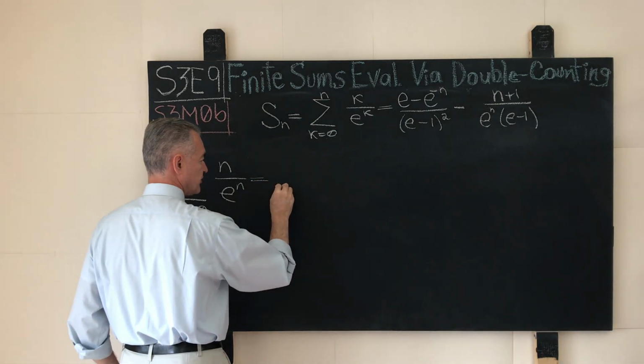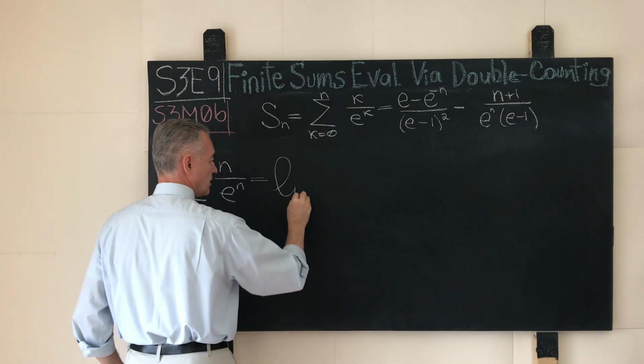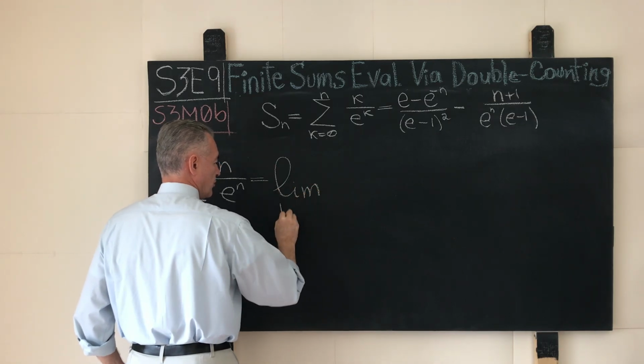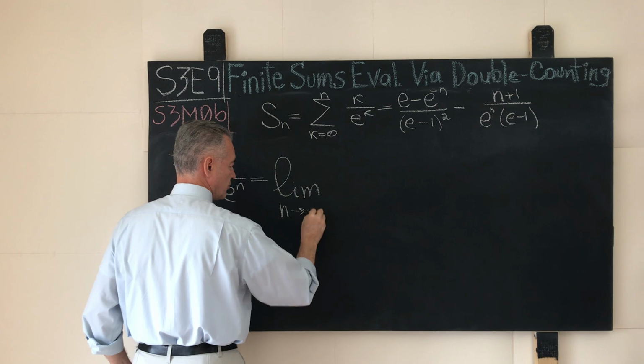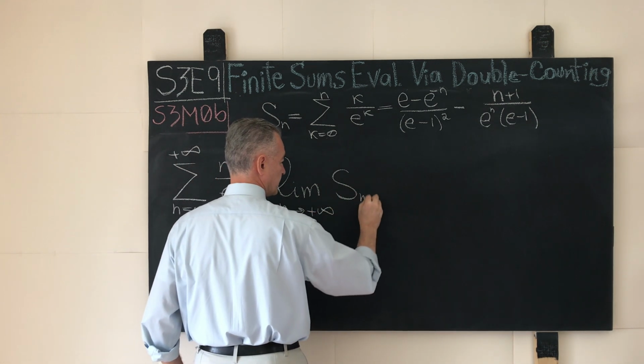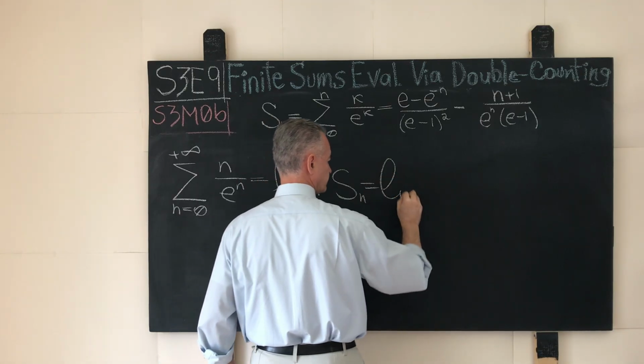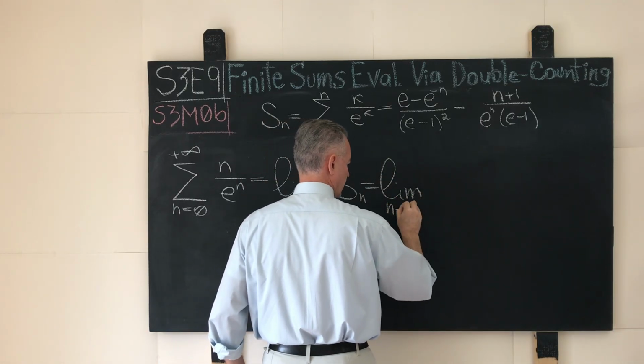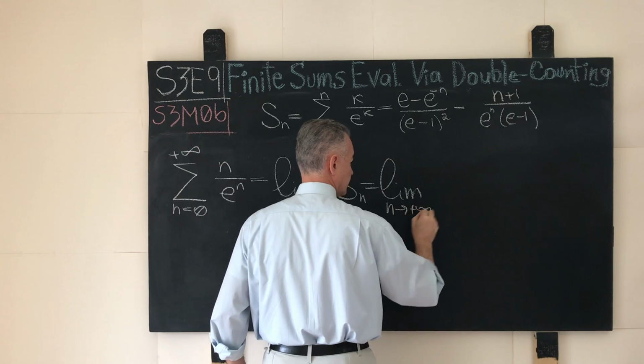By definition. This is not the only way, but the limit when n grows without bound of the above finite sum Sn. So this is the limit of n tending to positive infinity.